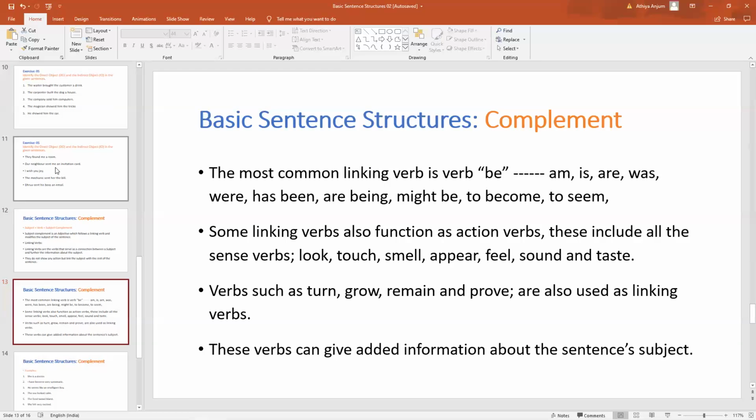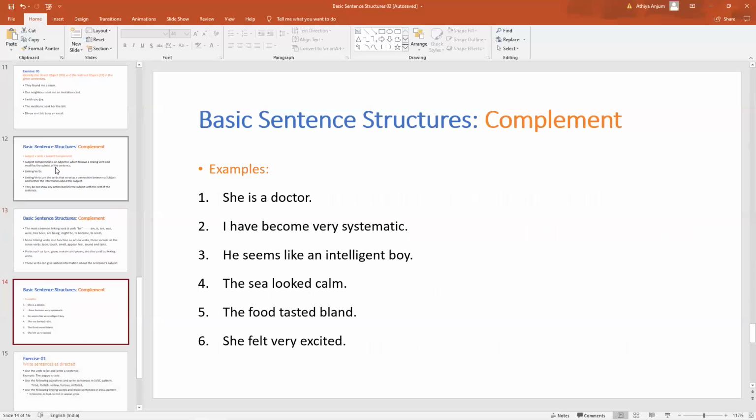The spelling of complement is C-O-M-P-L-E-M-E-N-T. It is completing, it is adding more meaning. So these verbs can give added information about the sentence subject, not some other subject, but the subject of the sentence.